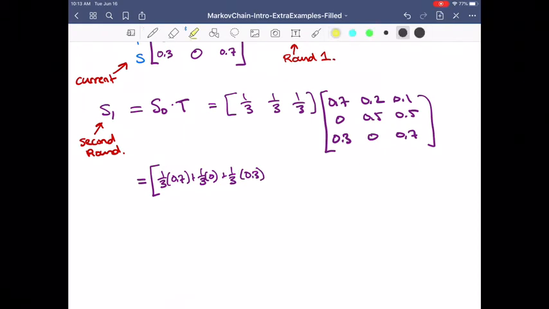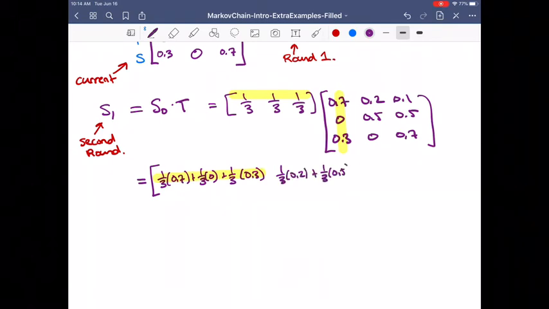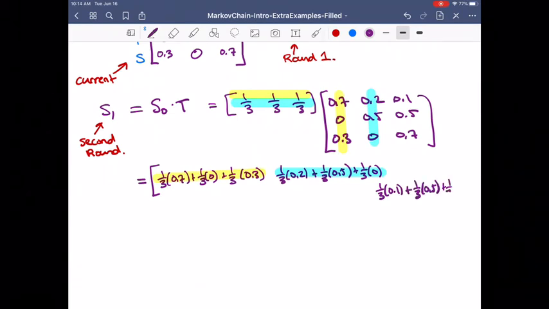That's doing this row by this column, and that gives us that entry. Then I'm going to have 1/3 times 0.2 plus 1/3 times 0.5 plus 1/3 times 0 for the second column. And then I have one more column to do, so 1/3 times 0.1 plus 1/3 times 0.5 plus 1/3 times 0.7. This row by this column gives us that entry there.